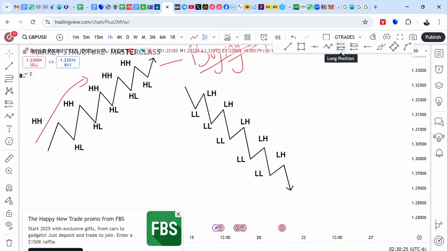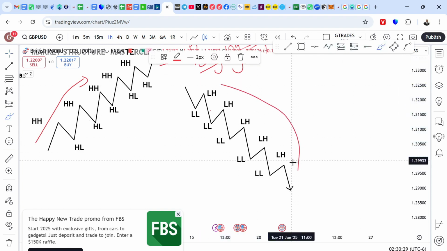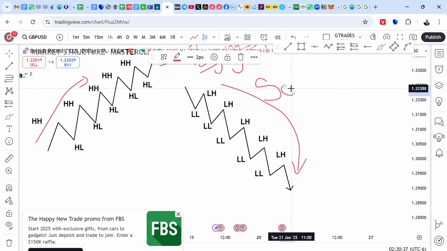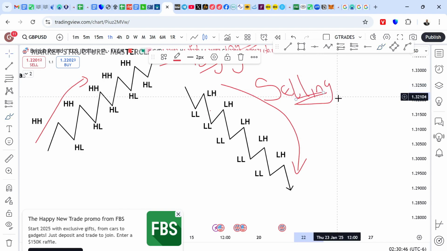So with this being the characteristics of a downtrend, what I'll be interested in looking for is selling opportunity, right? I won't be looking for buying opportunity because the market is in a downtrend, right? And I'll be showing you a live chart that I'm currently on.